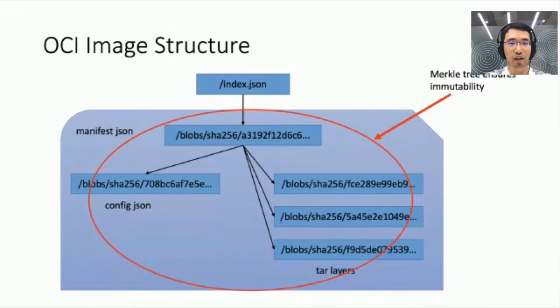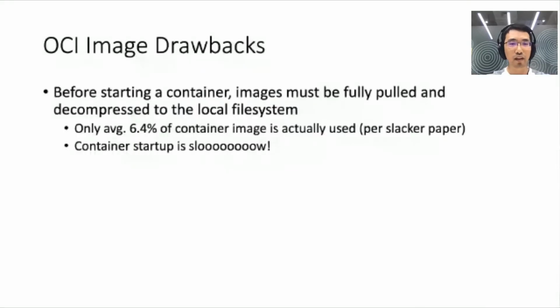But with the OCI image, which is widely used in the industry for many years, we see some drawbacks. The first one is that before we start a container, all these images must be fully pulled and decompressed to the local file system. This can be very slow if the image is large.